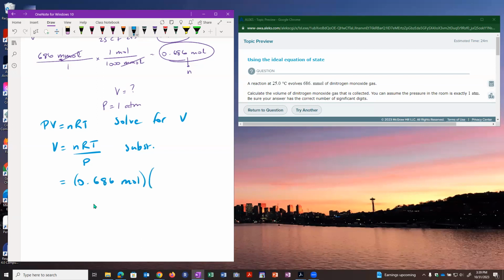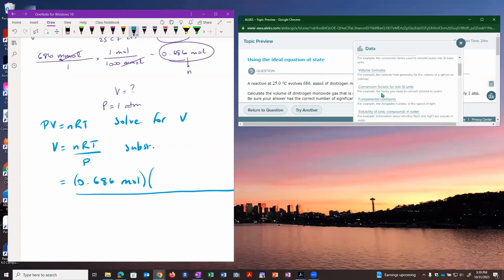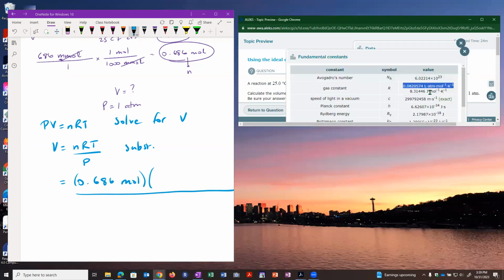My gas constant, R, if you remember back, we can go to the data to find that. We want to use the one that has liters and atmospheres and moles and Kelvin in it, because those are the other units that we have. So it's 0.082057, and then our unit here is liter atmosphere per mole Kelvin.